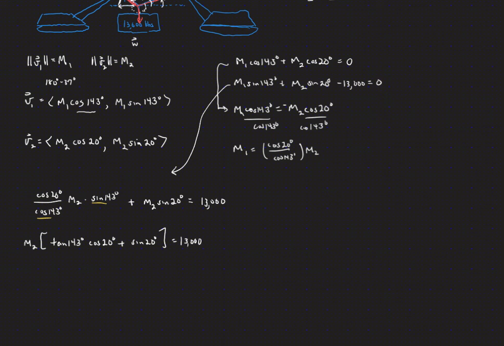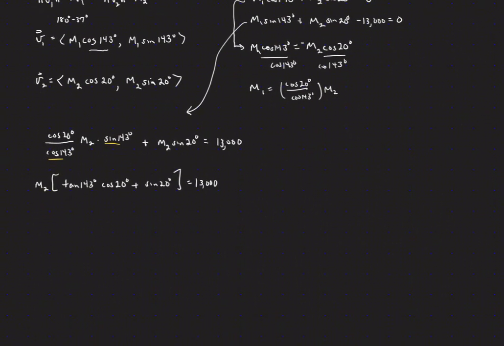So solving for M2, we're going to divide all of that stuff to the other side. So we're going to get 13,000 over the tangent of 143 times the cosine of 20 plus the sine of 20. So all of this is going to go into our calculator.